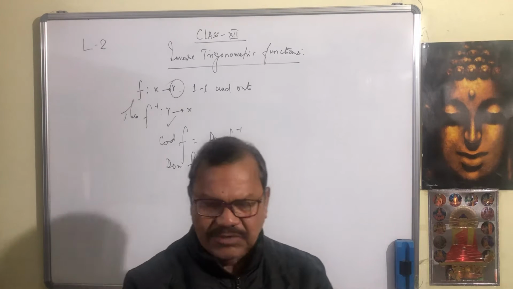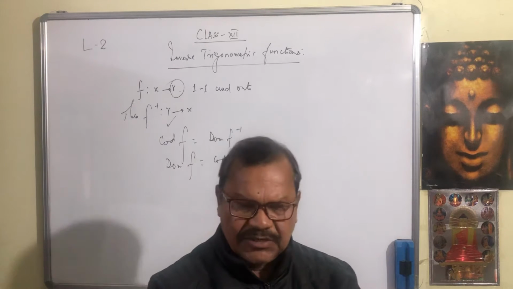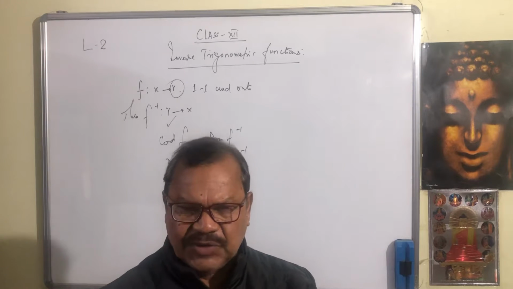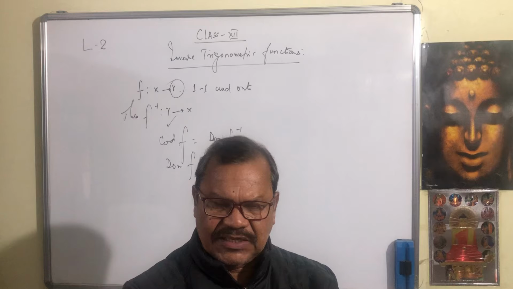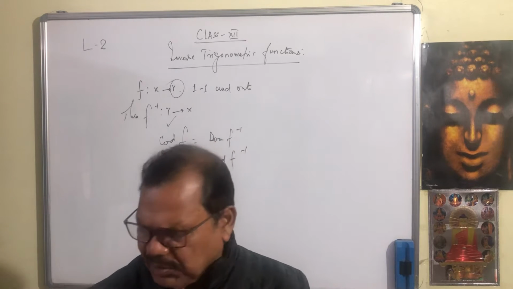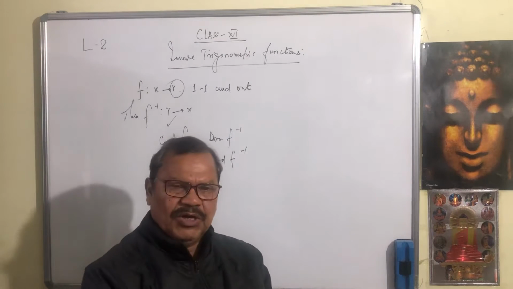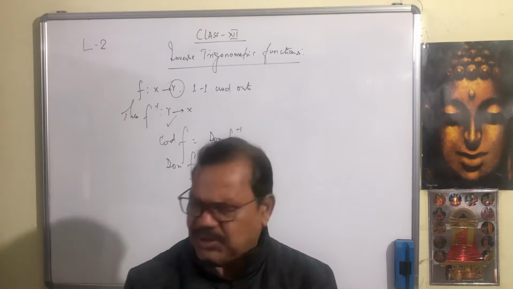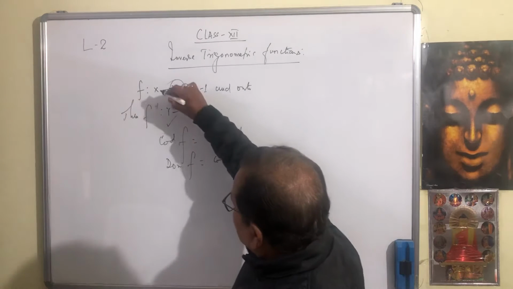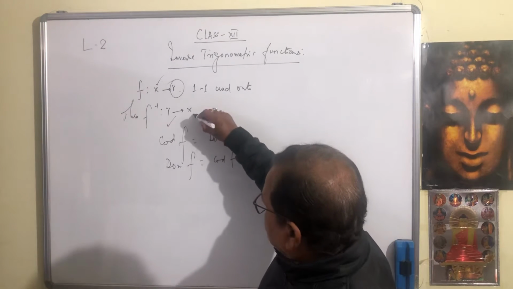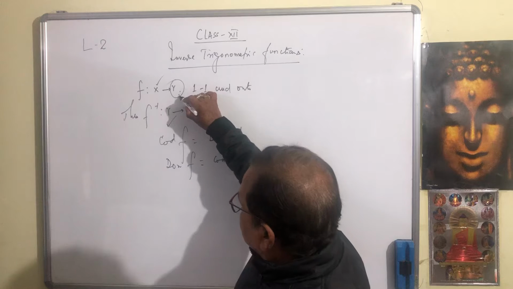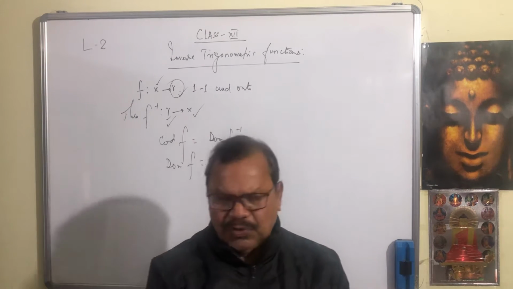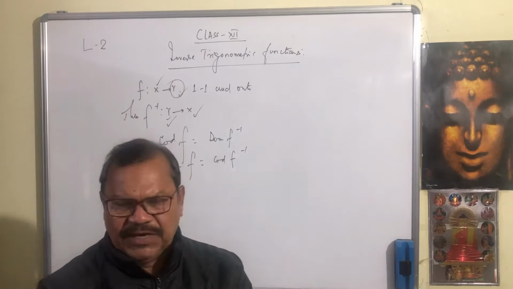But before that, let us see completely the domain and range of sin x, cos x, tan x, cot x, sec x and cosec x, because these conditions will help you understand in a better way the existence of inverse, because we have seen the domain of f is equal to codomain of f inverse and codomain of f is equal to domain of f inverse.